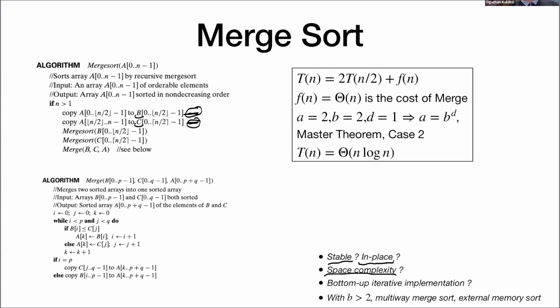How much more? Actually, it is around 2n. If you have an array of size n, then the extra amount of space that you will need at some time will be around 2n. So we are using some extra space with merge sort, and merge sort is not an in-place algorithm, but it is a stable sorting algorithm.